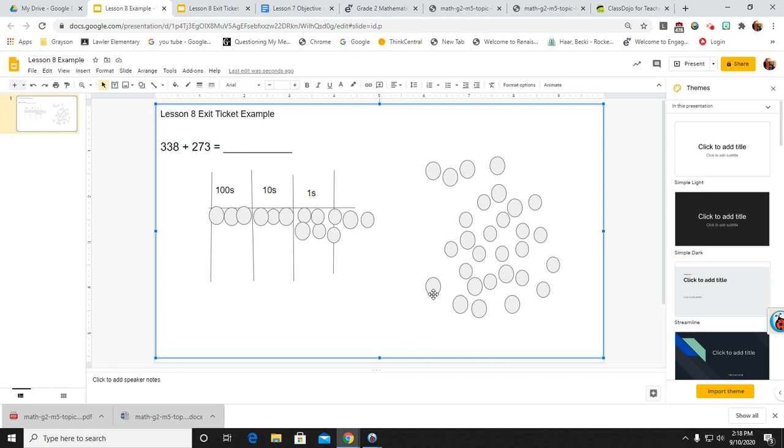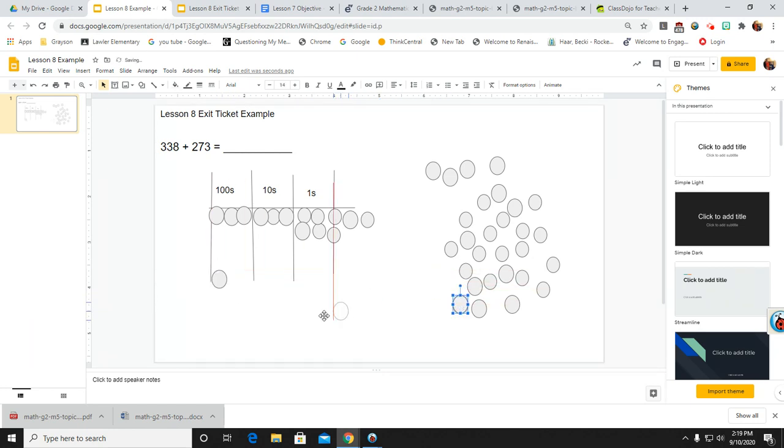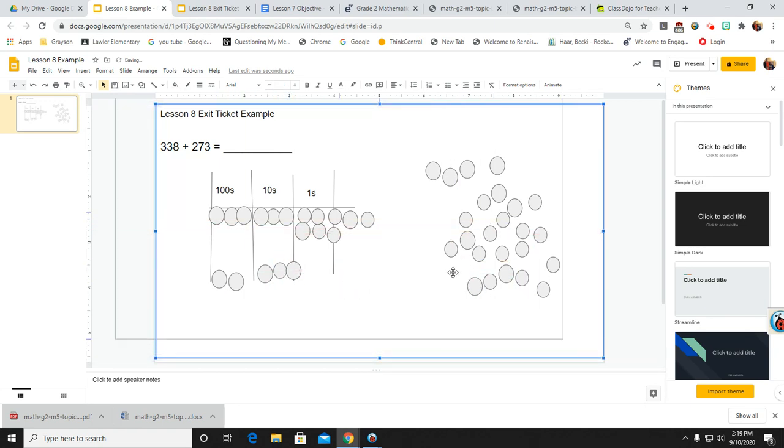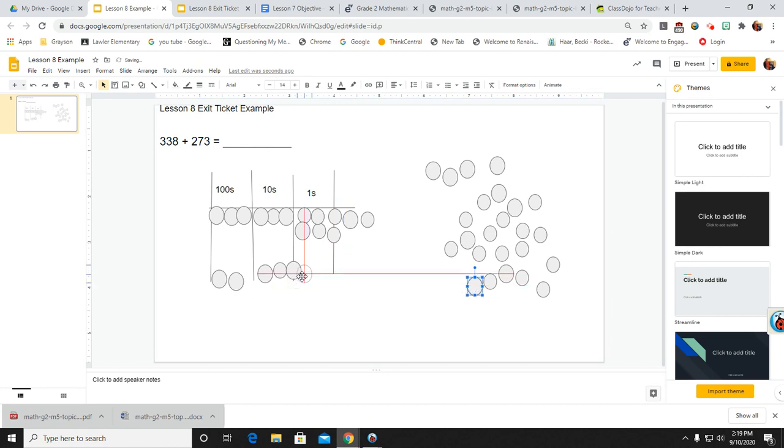So I'm going to model 200. 1, 2. 7 tens. 1, 2, 3, 4, 5, 6, 7, and 3 ones. 1, 2, 3. And as you can see, this is not by any means perfect. On your exit ticket, I'll make your place value chart bigger so you can fit your circles in.